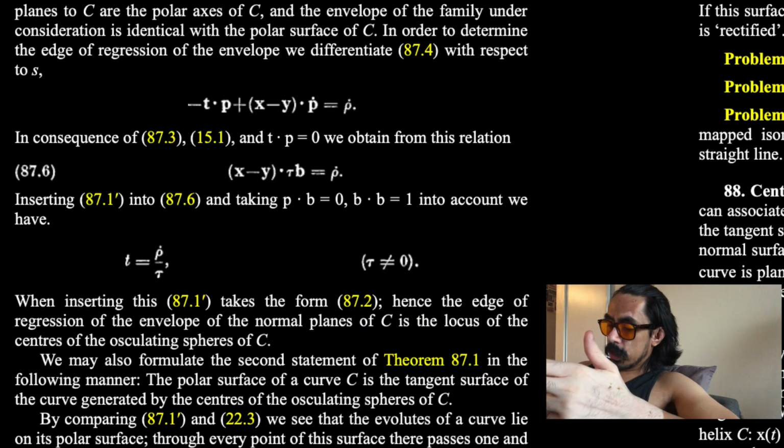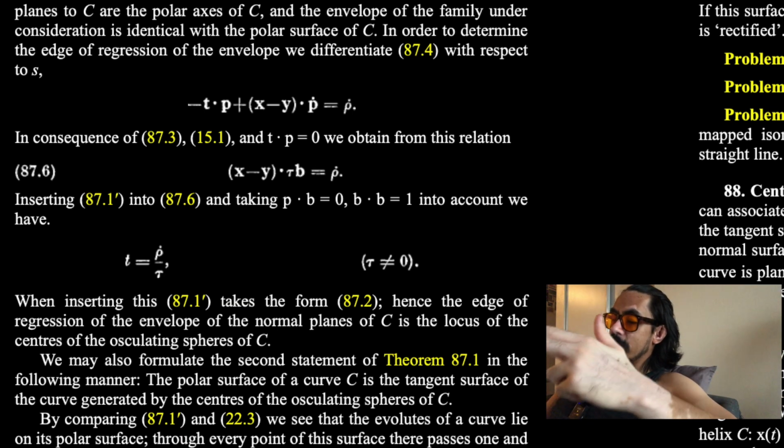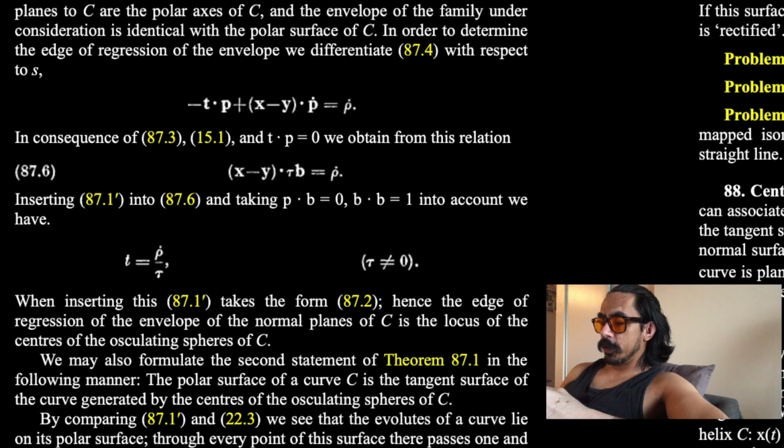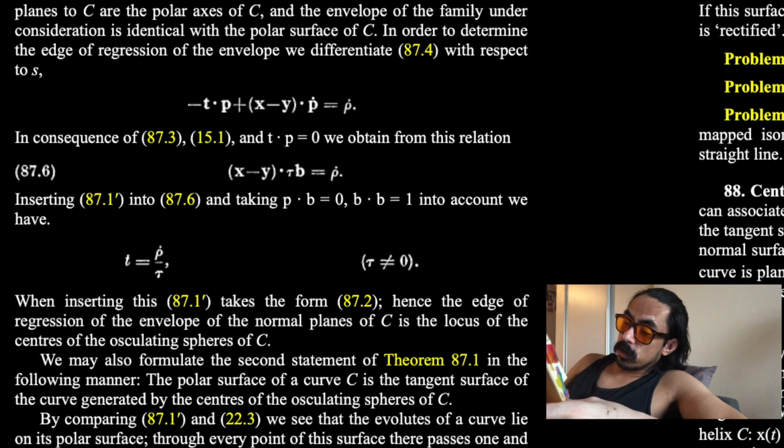When inserting this, expression 87.1 prime thus takes the form of expression 87.2. Hence, the edge of regression of the envelope of the normal planes of the curve capital C is the locus of the centers of the osculating spheres of capital C.